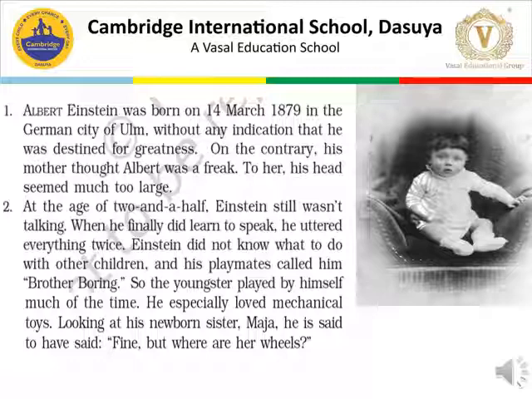Her name was Maja. And he considered her a toy. And he said, "Where are her wheels?" He was so fascinated with mechanical toys that he considered his sister a car.